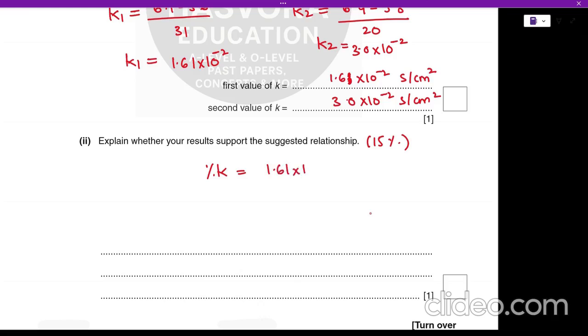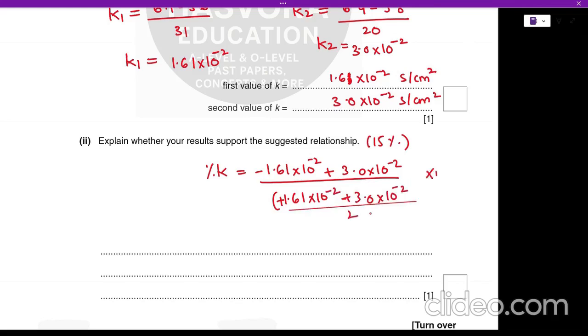So it is 1.61 in 10 power minus 2, and this is going to be subtracted from the other one, 3.0 in 10 power minus 2, and then divided by the average of these, so 1.61 plus 3.0 in 10 power minus 2 divided by 2, and this is going to be multiplied by 100.